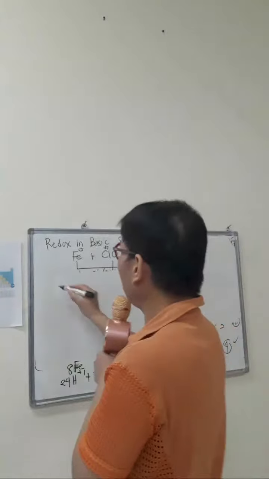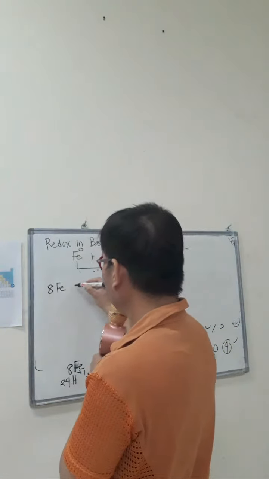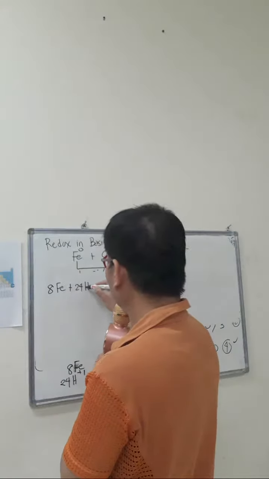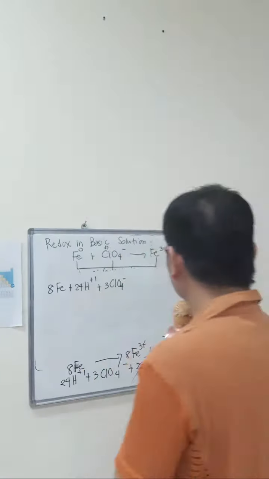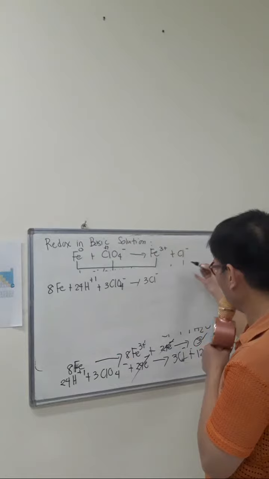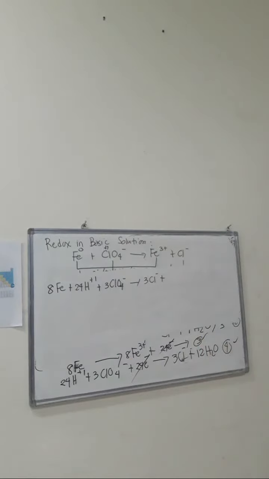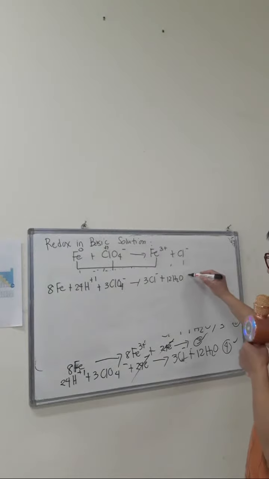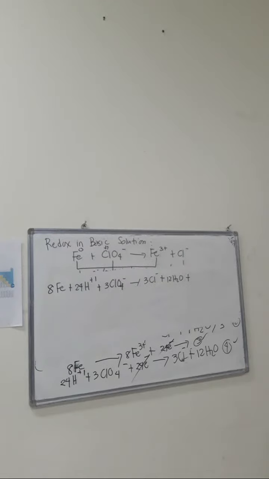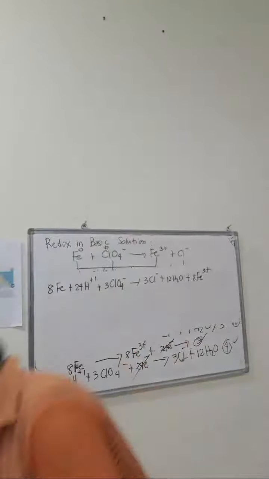Say 8 moles of iron, plus 24 moles of hydrogen ion positive 1 plus 3 moles of perchlorate negative 1, is equal to 3 moles of chloride ion plus 12 moles of water, plus 8 moles of ferric 3 positive. Then, simplify further.